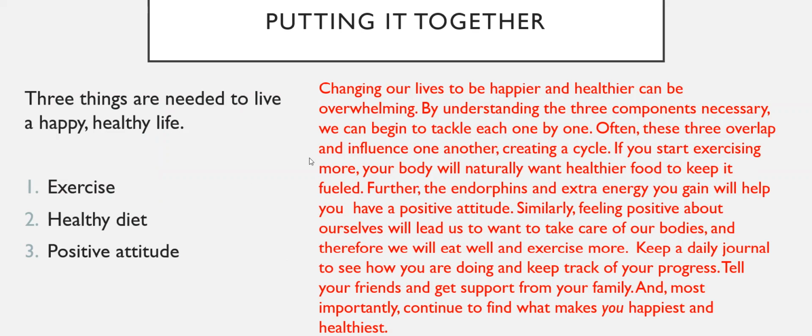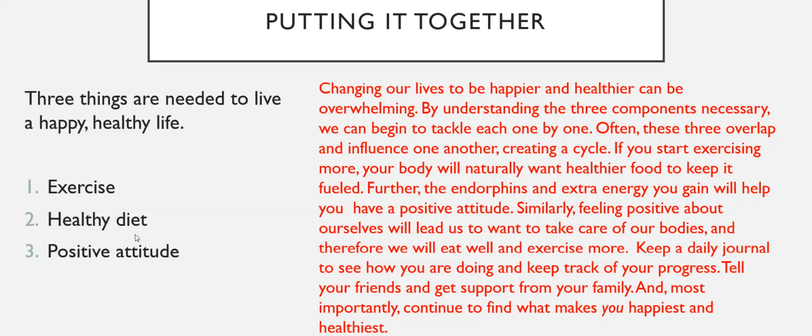Okay, so here's an example conclusion. Over here on the left, we have 3 things that are needed to live a happy, healthy life. So this is our thesis statement from the essay. Down here, we have the 3 main points. The first paragraph that they wrote about talked about exercise.